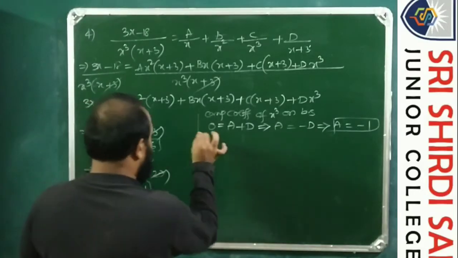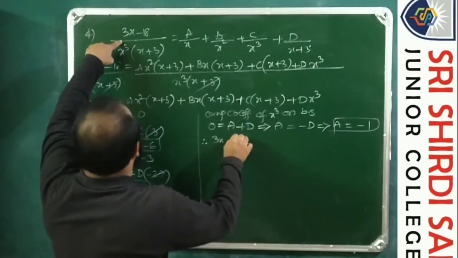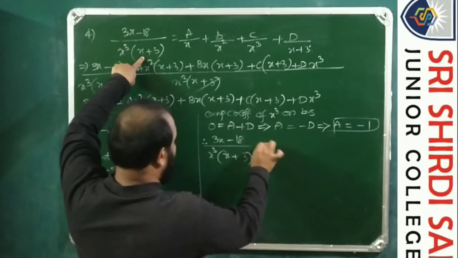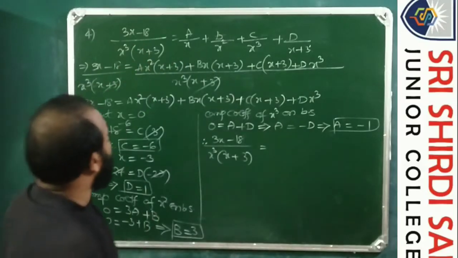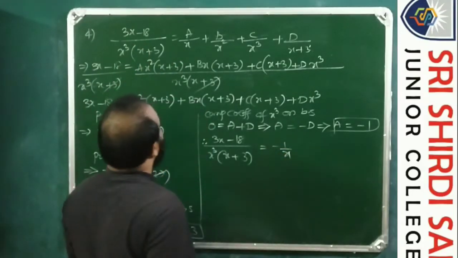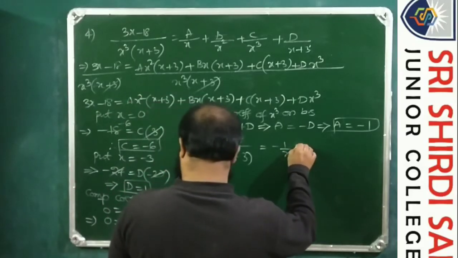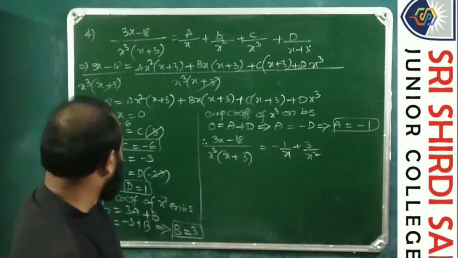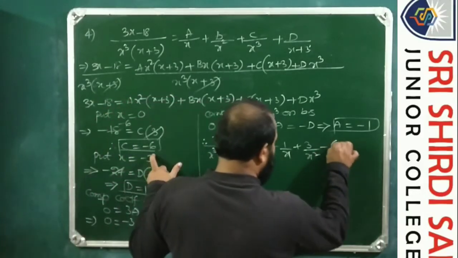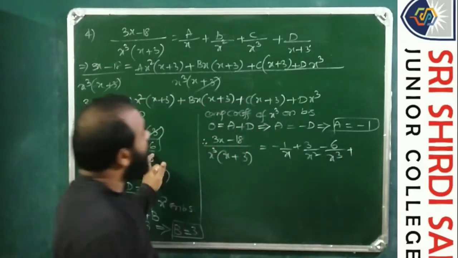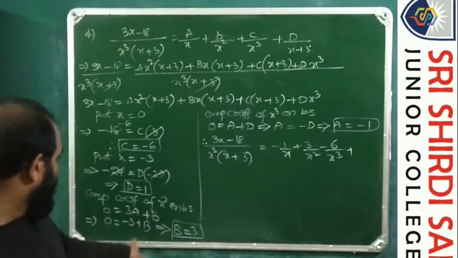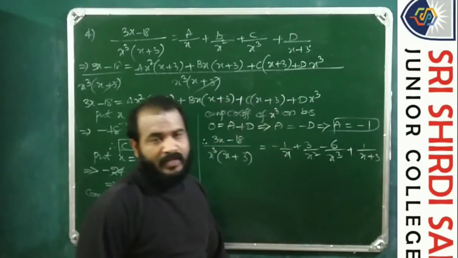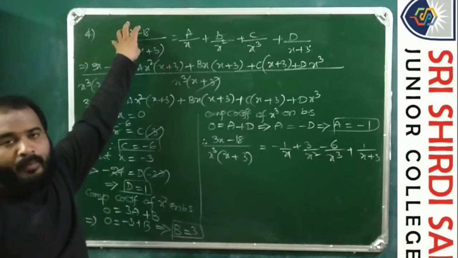Therefore, 3x minus 18 by x cube into x plus 3 is equal to, the value of a is minus 1 by x plus b by x square, b value is 3 by x square, and the value of c is minus 6 by x cube plus d value is 1 by x plus 3. So this is the partial fractions for the given proper fraction.